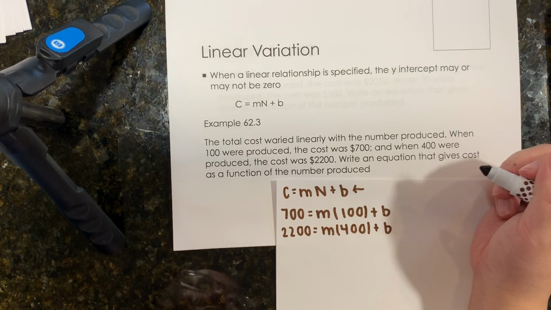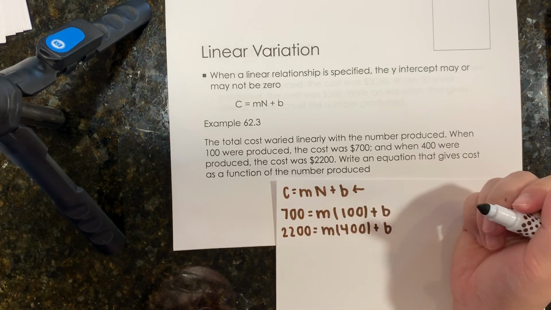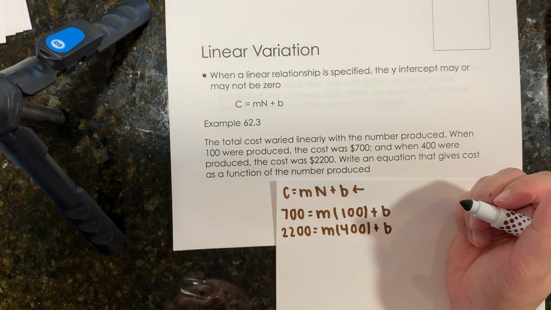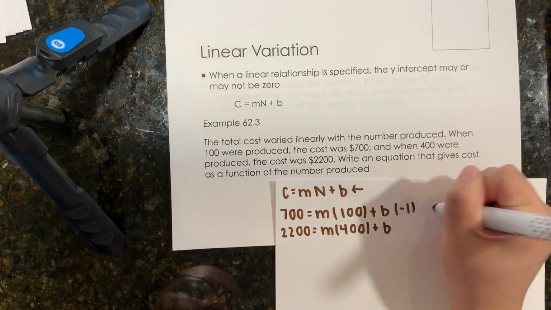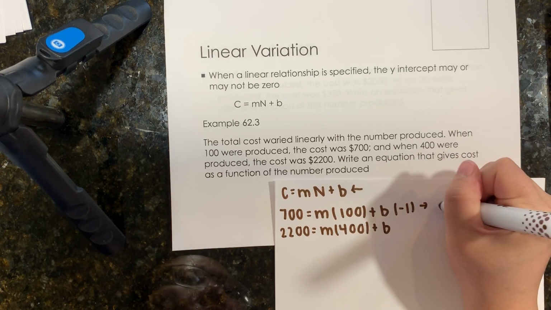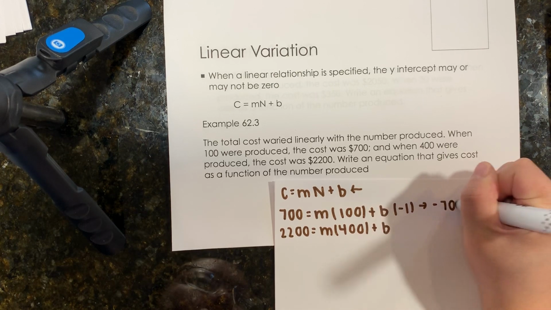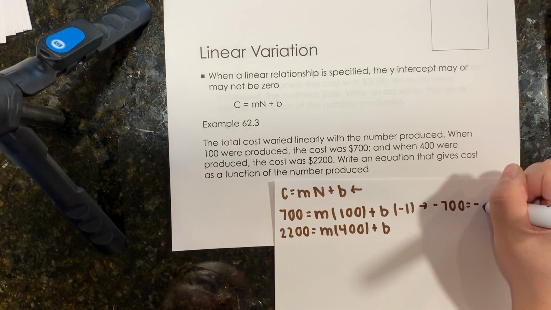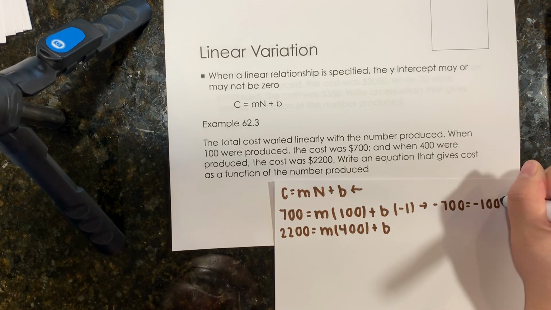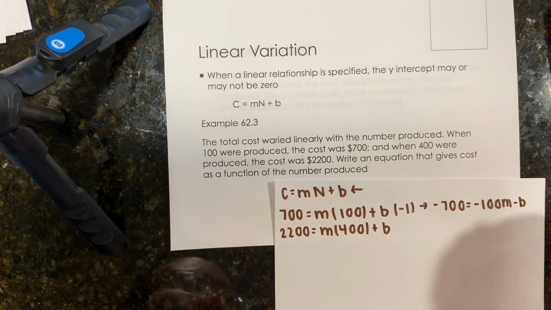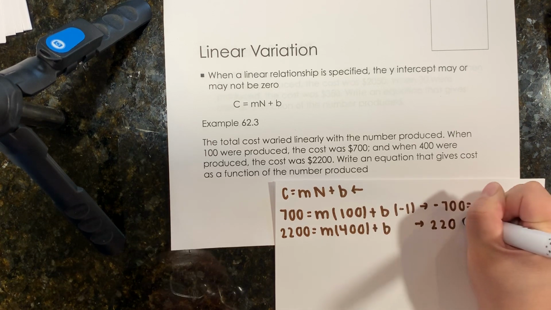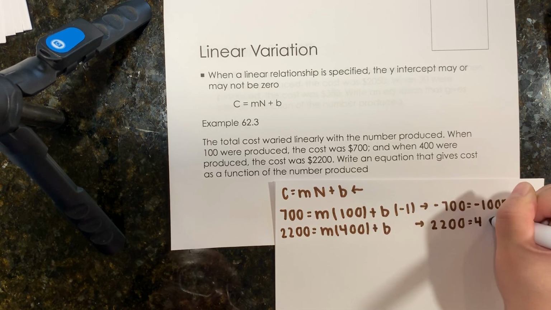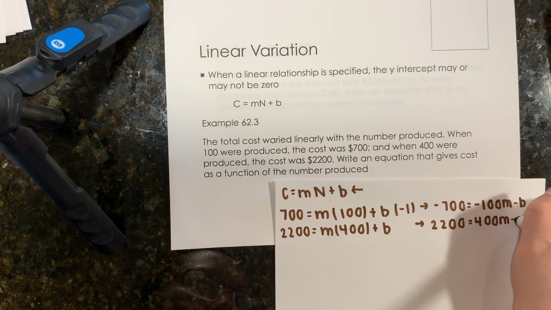So the first thing that you can do, given these two equations, is you can either eliminate m or you can eliminate b. It doesn't matter which one. I'm going to start by eliminating b. So I'm going to multiply the top equation by -1. So I have -700 equals -100m minus b. Leave the bottom equation as is, with 2200 equals 400m plus b.